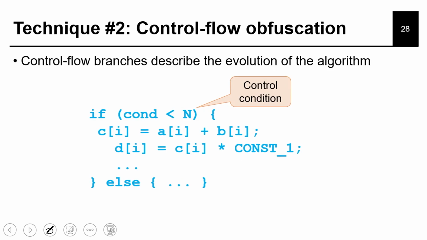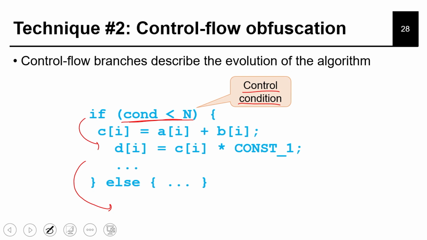So, now I will talk about control obfuscation, right. I do not want to tell the attacker whether to go to this branch or that branch. Again, how can I do that? Some idea?